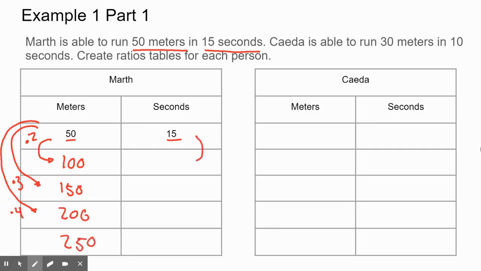But whatever you do to one term, you must do to the other term as well. So we multiply them by 2, and then 3, and then 4, and then 5. Not too bad, that should be a review.